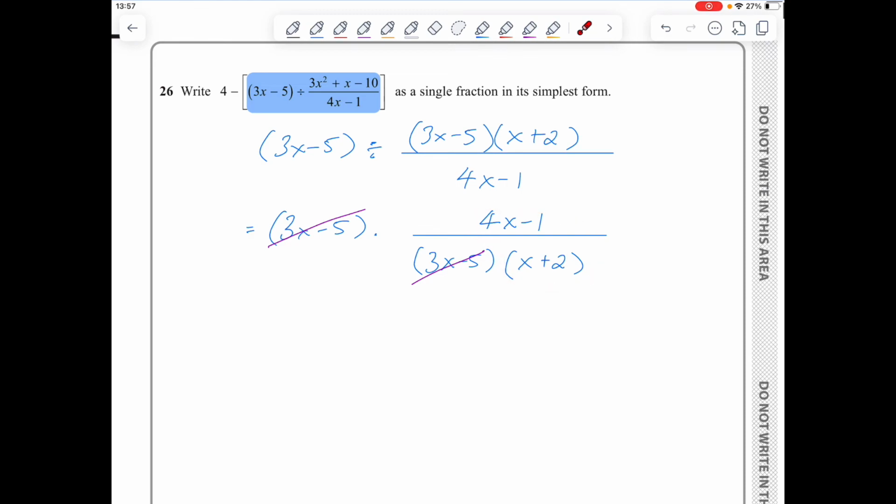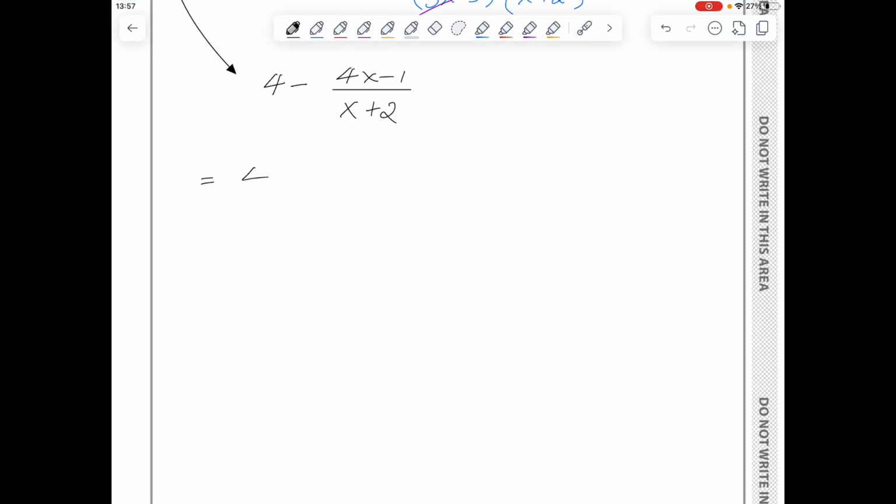So let's merge everything together now. So 4 minus (4x minus 1) over (x plus 2). I'll make this into a single fraction. So 4 times (x plus 2) minus (4x minus 1) over (x plus 2).